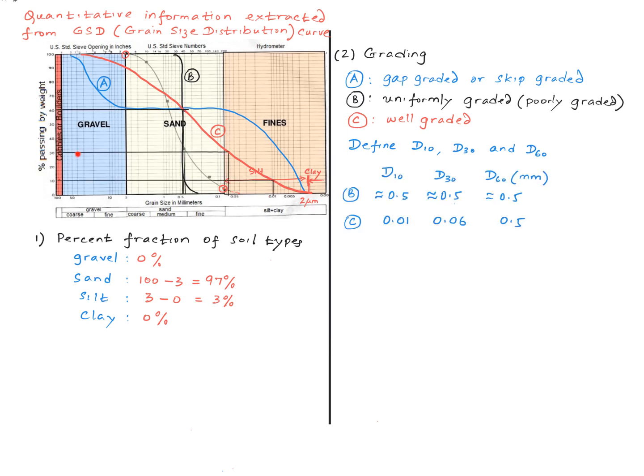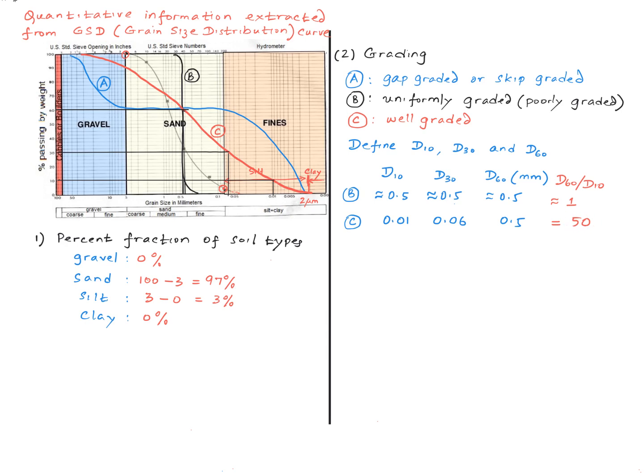D30 and D60 are similarly defined. So I picked up these diameters for curves B and C. So let's calculate the ratio between D60 and D10 for the two curves. And I got 1 for curve B and 50 for curve C.